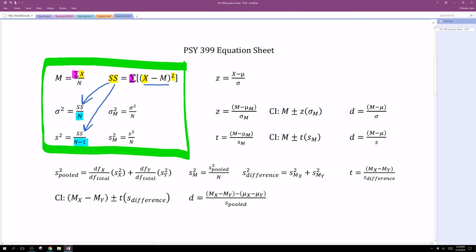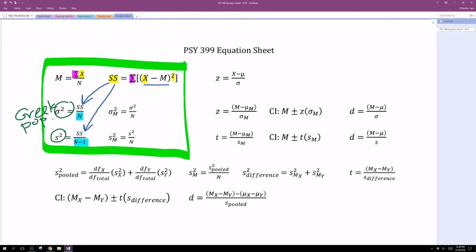Notice here that this lowercase sigma is a Greek letter. Compare it to this lowercase s, which is a Latin letter. When you have Greek, that is always going to be your population parameters.